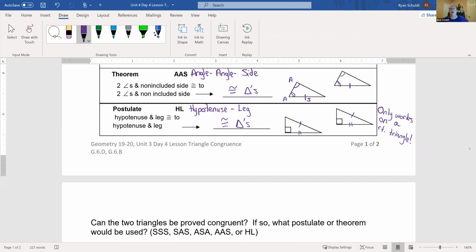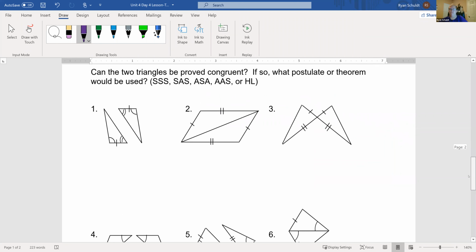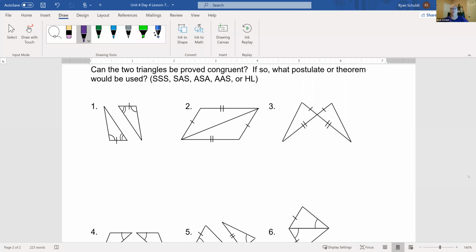Okay, so that was all just a bunch of definitions. Let's actually put those definitions to work now. So they ask us, on each one, can these two triangles be proved congruent?